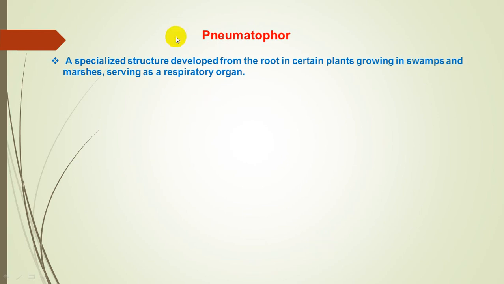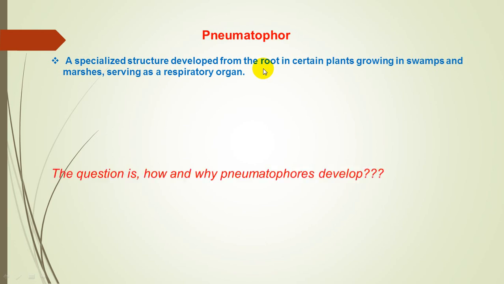So here we are going to discuss it in detail. Pneumatophore is a specialized structure developed from the root in certain plants growing in swamps and marshes, serving as a respiratory organ. We already discussed that they grow out of the ground, having lenticels, and they help in getting oxygen.